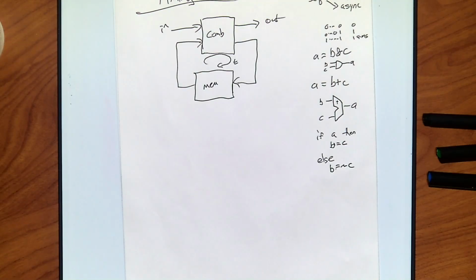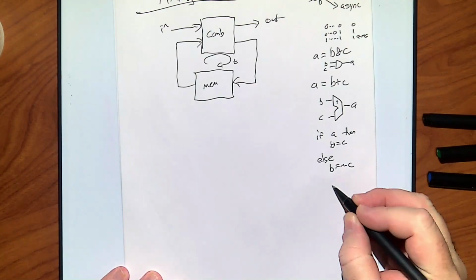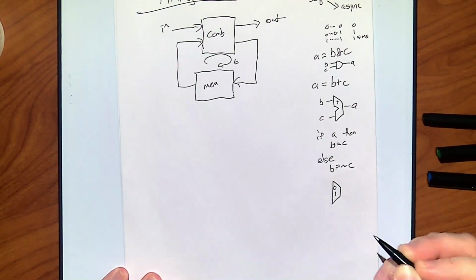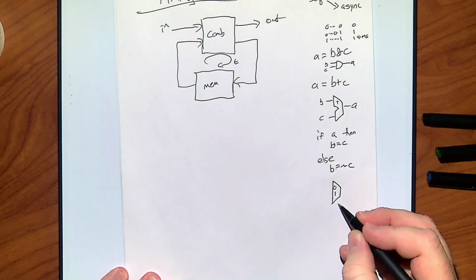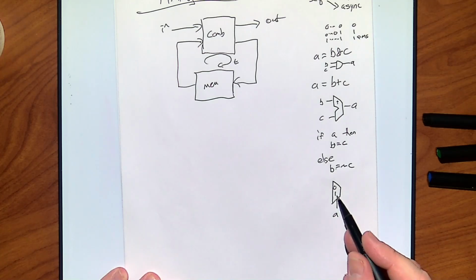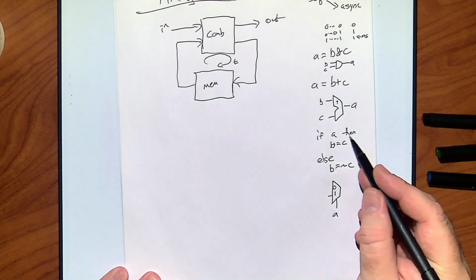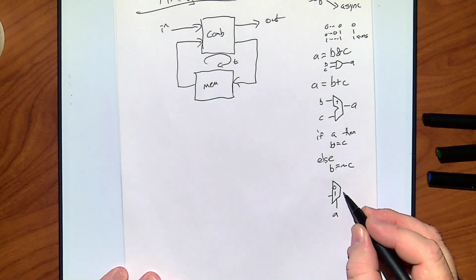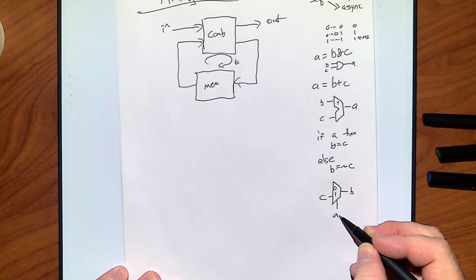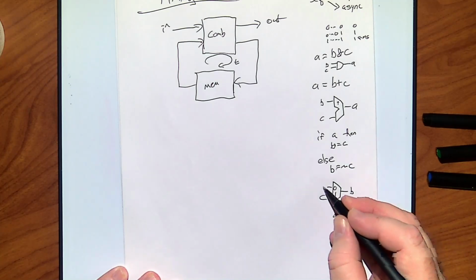Really good. Exactly. This is a mux, right? So if you think about this, this is a two input mux, 0, 1. This is my true false condition. This is A right here. And if A is true, then the 1 happens. Well, in that case, B gets the value of C. Else, A is 0, and B gets not C.